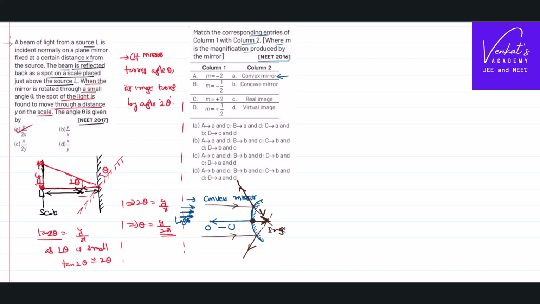If you notice, you are measuring from here to here in the direction of the incident light itself. So this v is positive. You might have noticed one thing, this image is not really formed, it was formed virtually. Our eye has extended the light rays. So the first thing that you need to understand is that the image of a convex mirror is virtual.